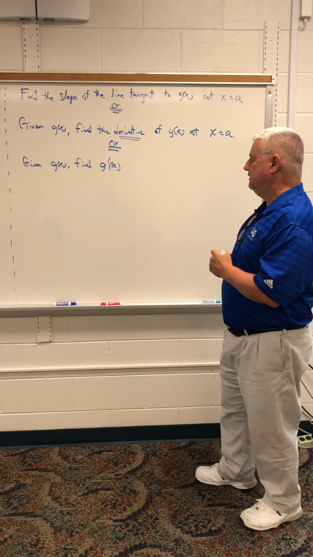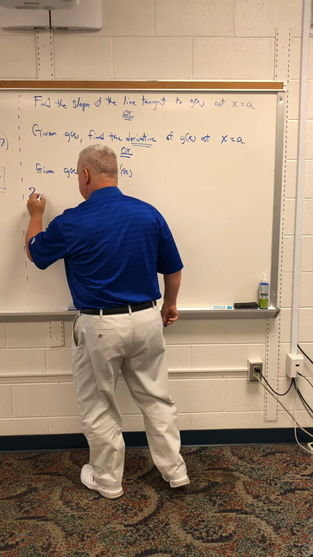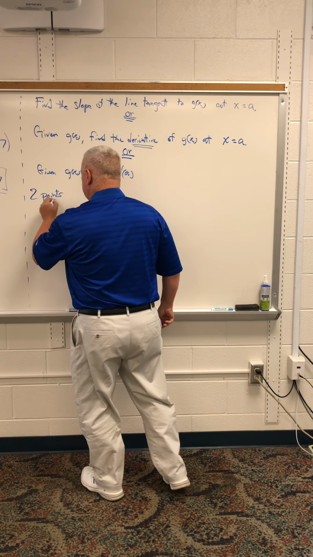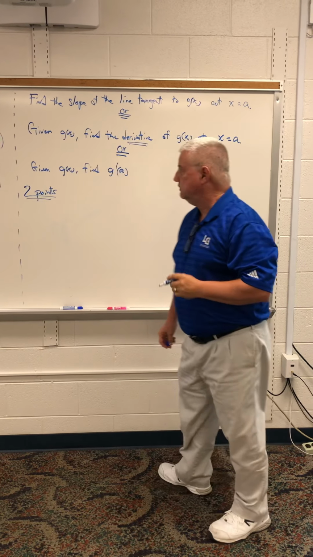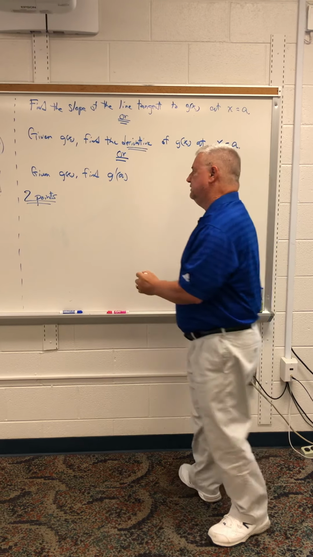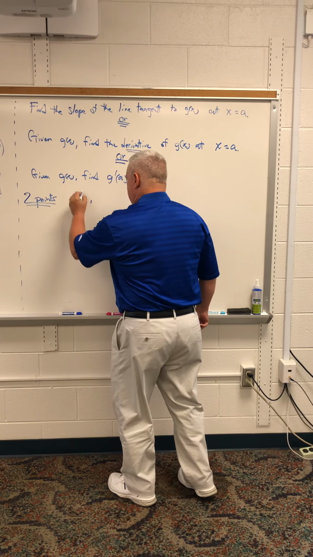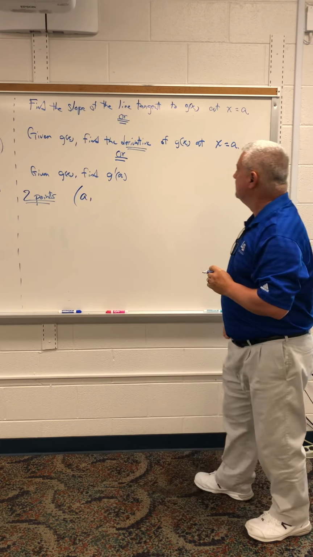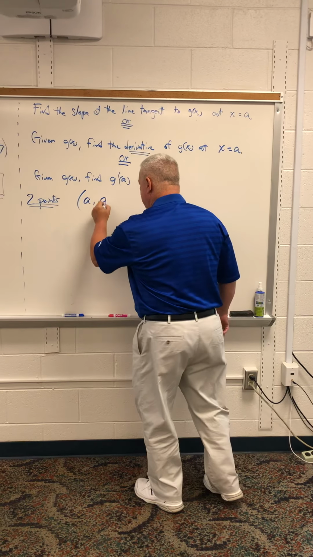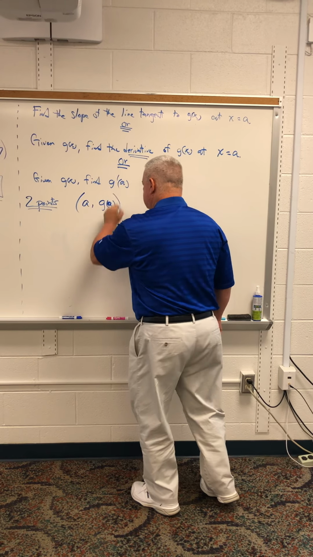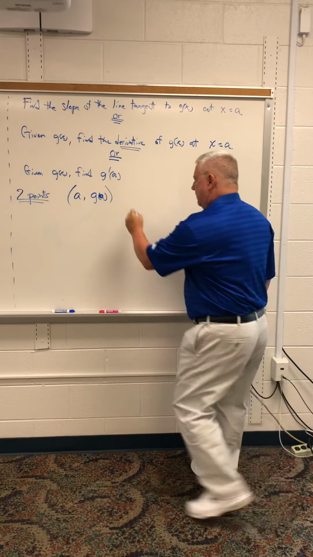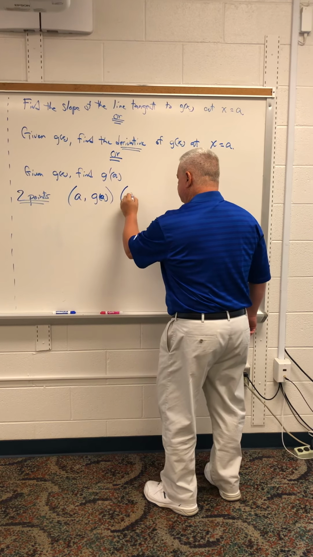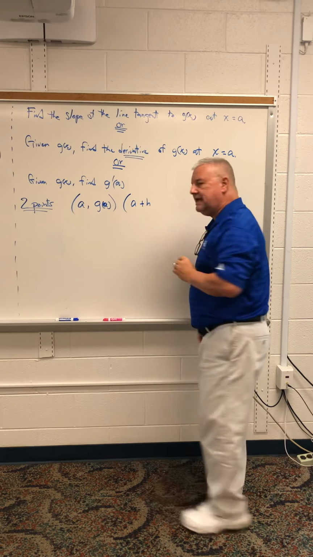Now, how are we going to do that? Well, our deal here is we are always going to start with 2 points. What are our 2 points? Well, one's really easy. Our x value is a, and the y value, or the g of x value, is g of a. Our next point is a plus a little bit.